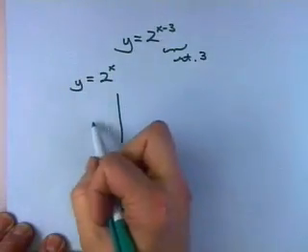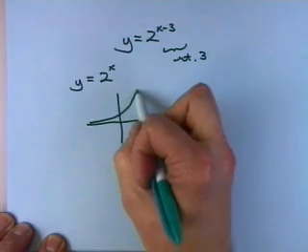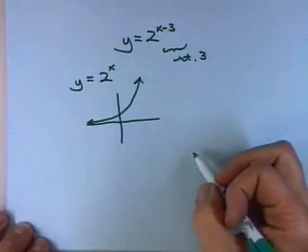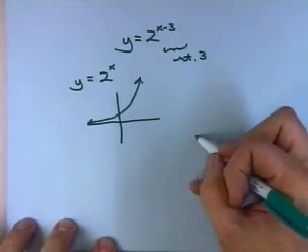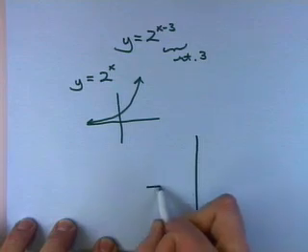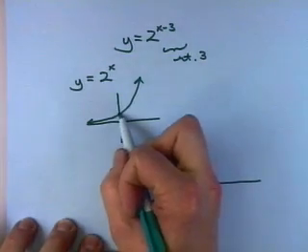So if this is what 2 to the x looks like, then basically we're going to pick every one of those points up, slide them over to the right 3 units, and plop them right back down. So this is the point 0, 1.